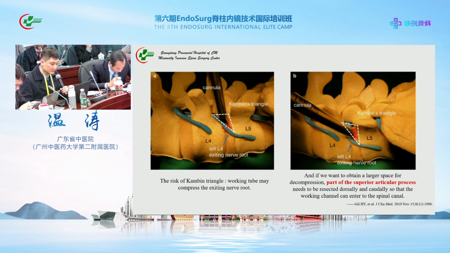When you put the working channel into Kambin's triangle, it is easy to damage the exiting nerve root. So we will also need to take out or resect part of the SAP to allow us to avoid the exiting nerve root.